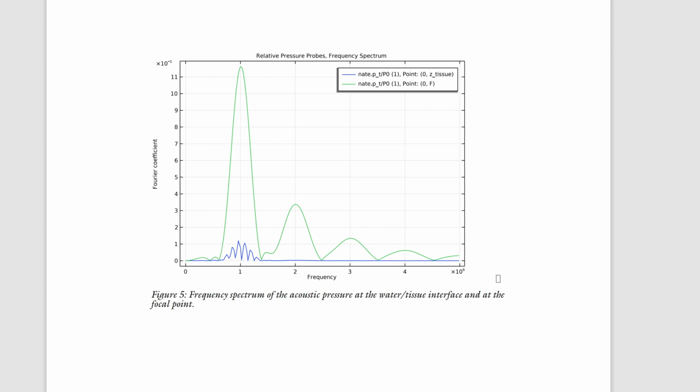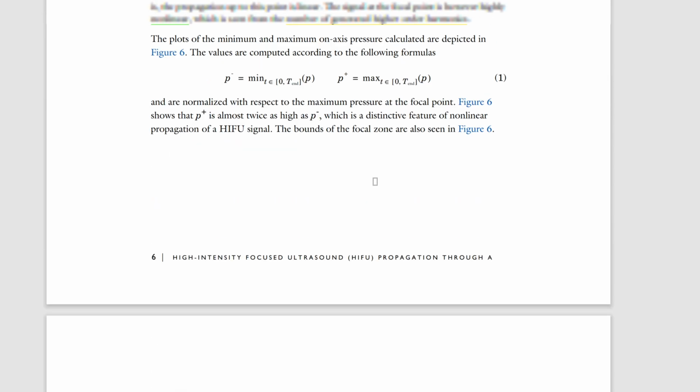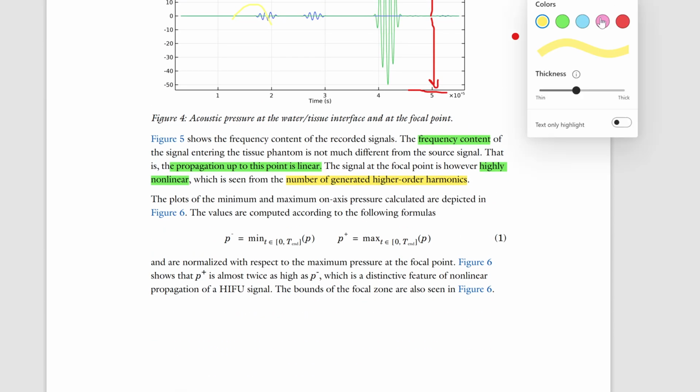But if you know about a Fourier coefficient, these are substantial. This means a pattern, but this pattern is just around 1. Okay, so now we've answered that. Number of generated higher order harmonics, we have seen those.